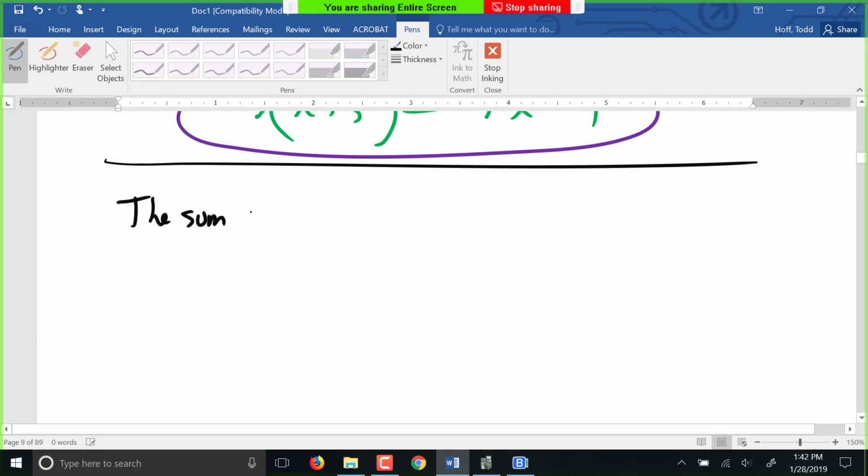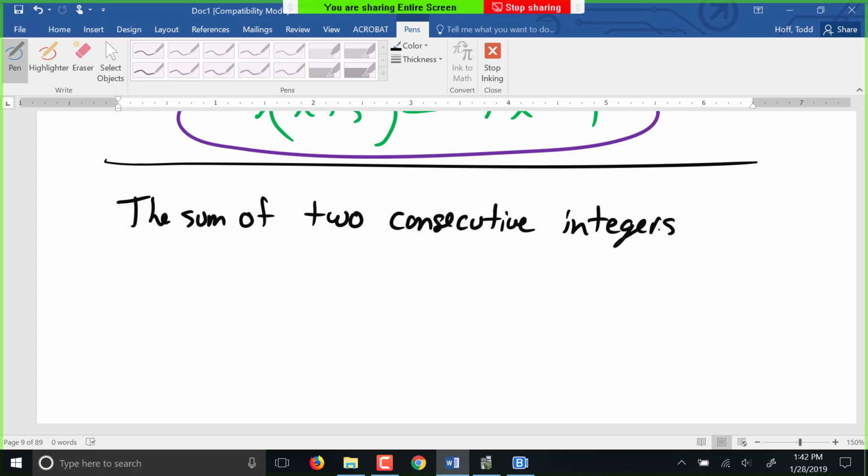We might have the sum of 2 consecutive integers. Remember, integers are just our whole numbers, 1, 2, 3, 4, including their negatives, -1, -2, -3, -4, and so on. Consecutive means one after another, like 4, 5, or 9, 10, or -3, -2.